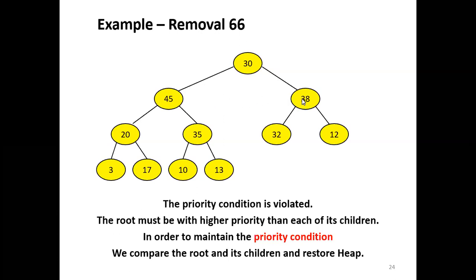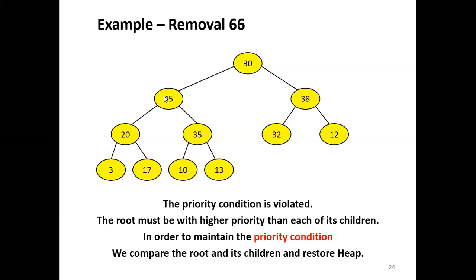At this point, we can see that 45 is larger than 30, and at the same time, 38 is larger than 30. So how do we decide which one to swap with 30?